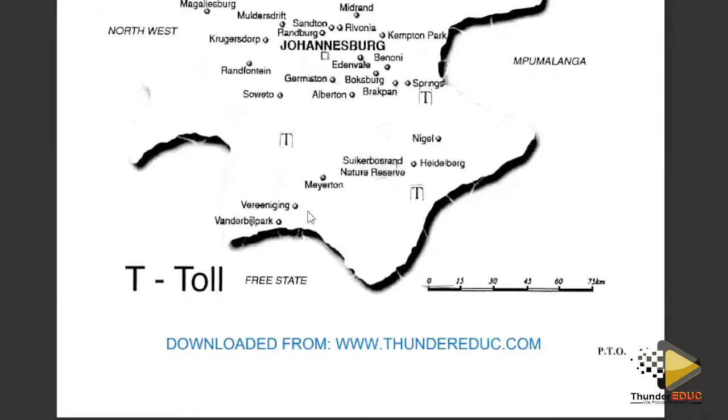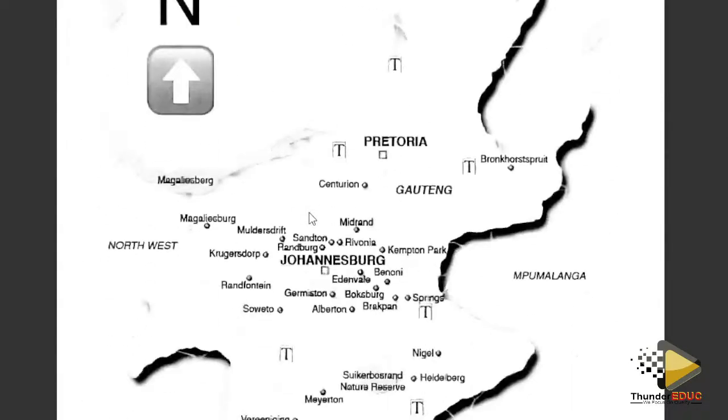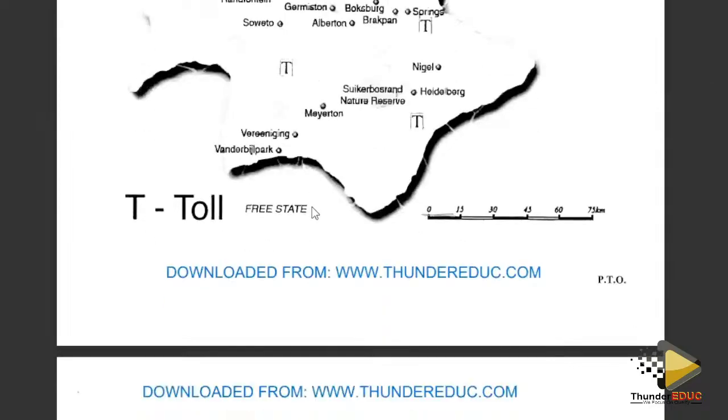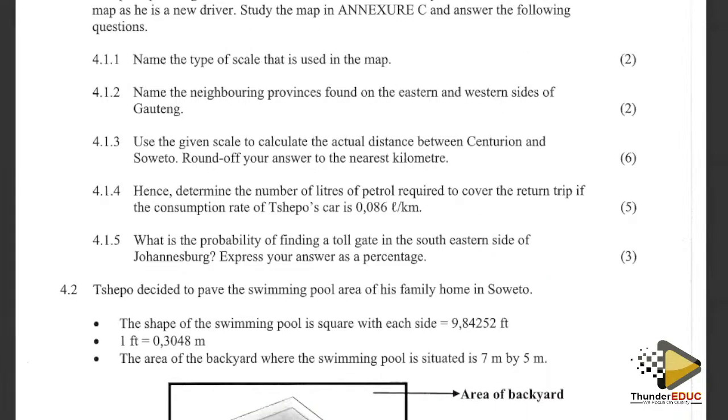Now, when you look at it, this is the map. So they're asking which type of scale is it? There's this scale here, and this one we call a Pascal. So the type of scale that we have here is a Pascal. Name the neighboring provinces found on the eastern and the western sides of Gauteng.